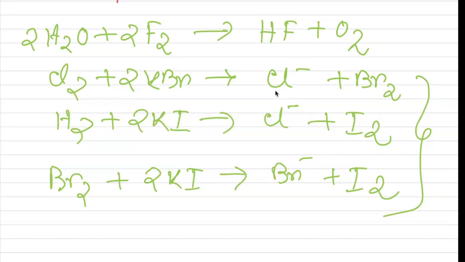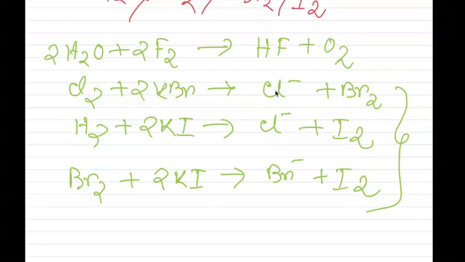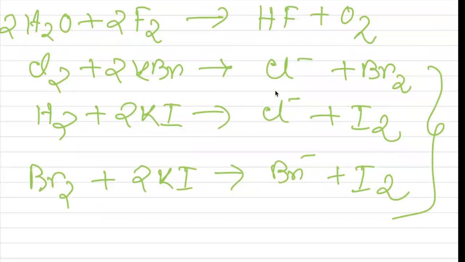So these tests are known as layer tests. So in the laboratory, these three tests are used with carbon tetrachloride or carbon disulfide to identify Br minus ion and iodide ion. So that's why it is known as the layer test. Clear? Yes, miss.